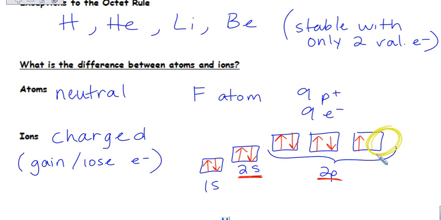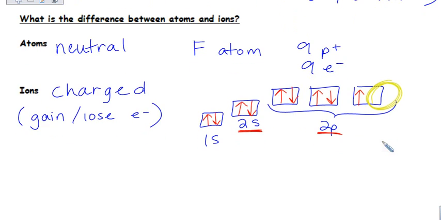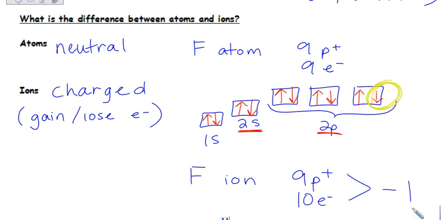We would call this then a fluorine ion. We still have 9 protons because we're not changing the nucleus, but if I could gain one more electron, I'll put like a little ghost electron in there. If I gain an electron, now we have 10. This is not neutral. This would add up to an overall charge of -1.